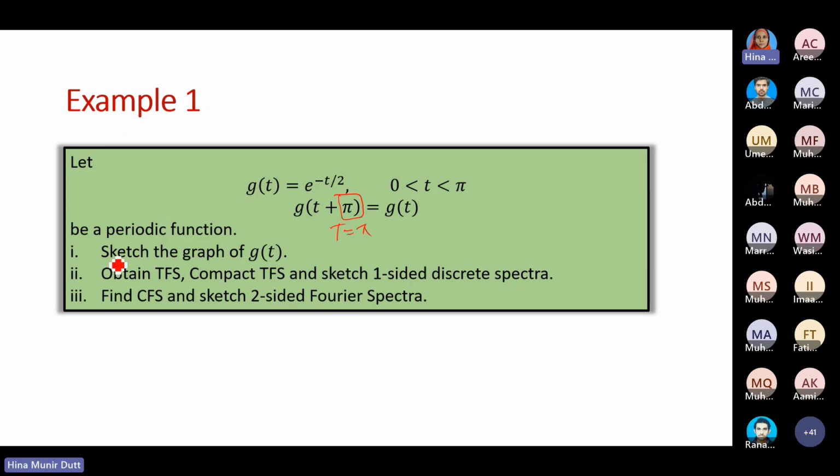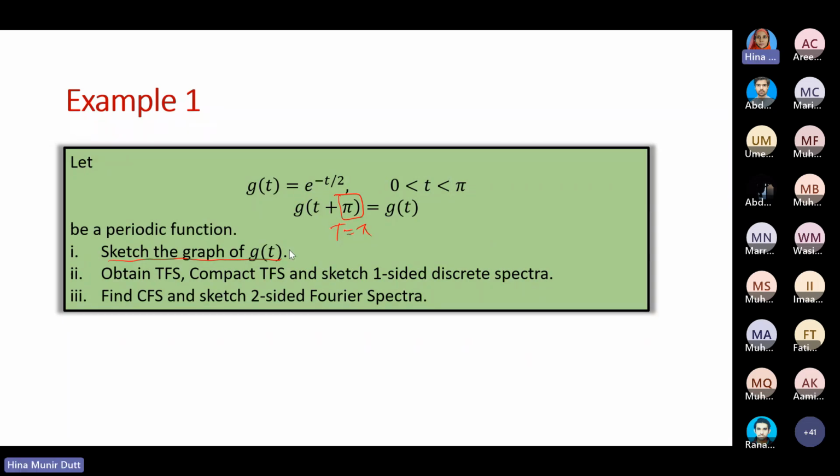First we have to sketch the graph of g of t. Then the second part is to obtain the compact trigonometric Fourier series, that is the amplitude-phase form, and sketch one-sided discrete spectra. The third one is to find the complex Fourier series and sketch two-sided Fourier spectra.